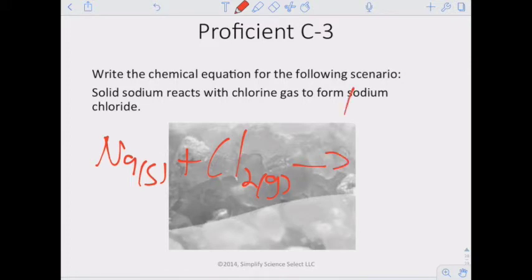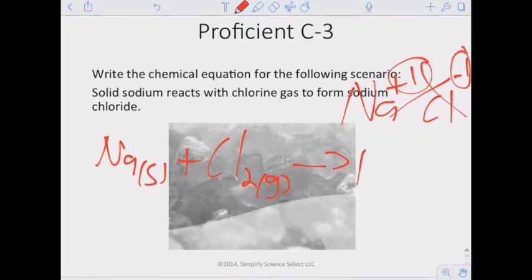Which sodium chloride? Sodium is Na, chlorine is Cl. Sodium is +1, chlorine's -1 on the periodic table. We crisscross, and we get NaCl. It says it forms sodium chloride. It doesn't tell us if it's a solid or a liquid or gas, so we just put NaCl.